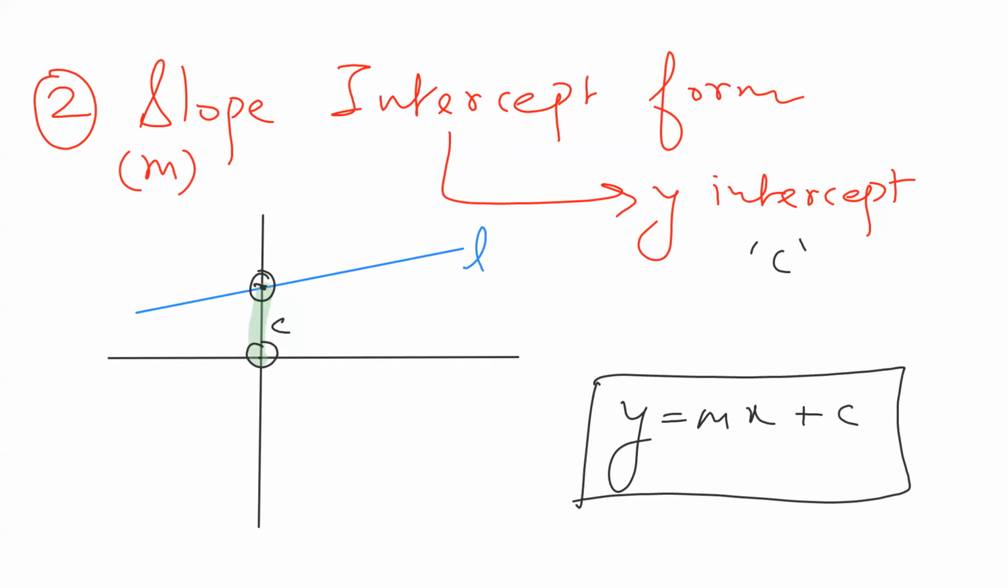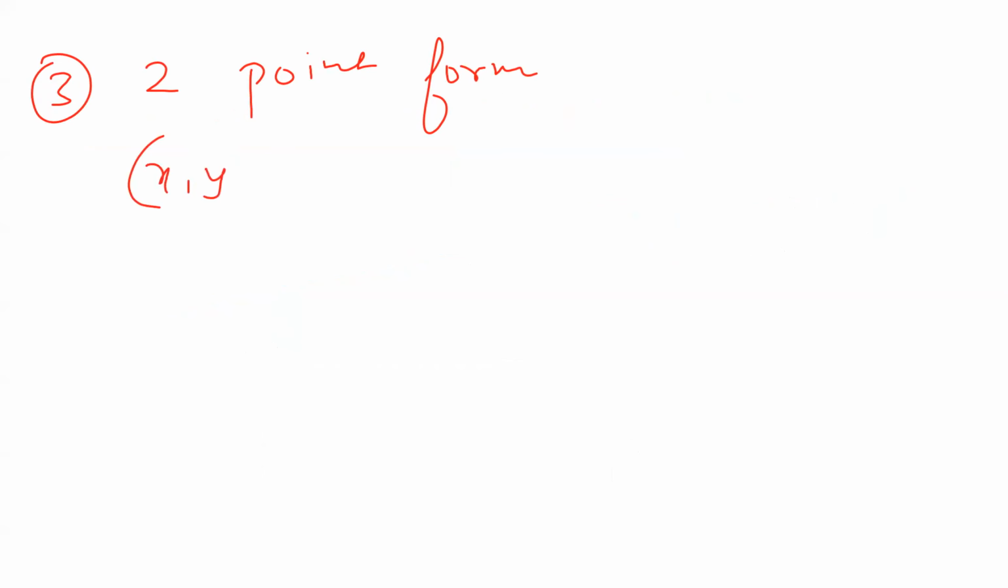Next, two point form. If we know any two points on the line, that is x1, y1, x2, y2, so these are the two points which are known to us.